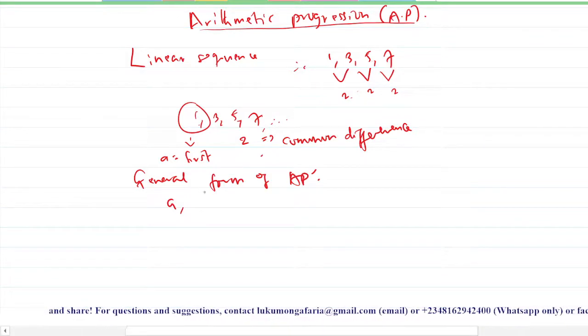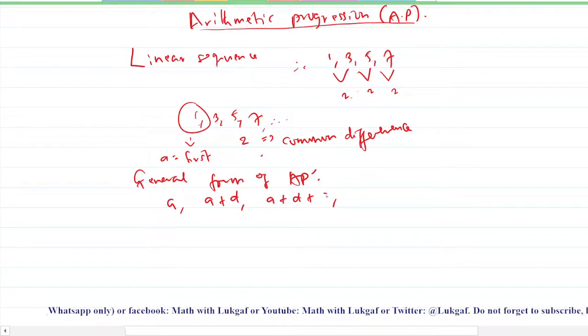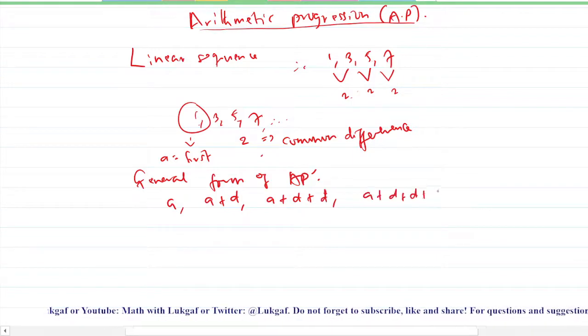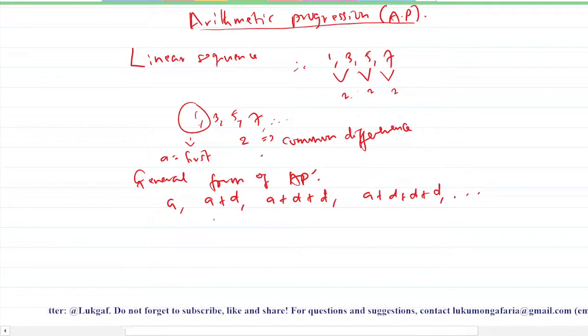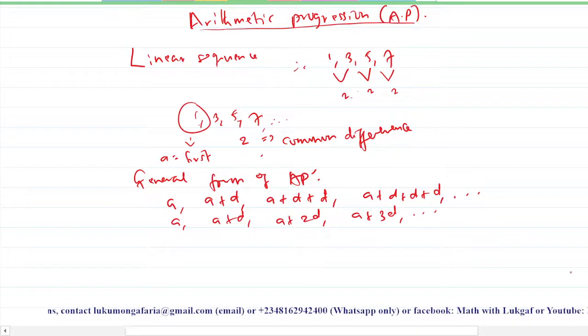So we add this constant to A, and you have A plus D. To know the next one, you have A plus D plus D, and so on. So this will give you A, A plus D, A plus 2D, A plus 3D, and so on. This is the general form of an AP.